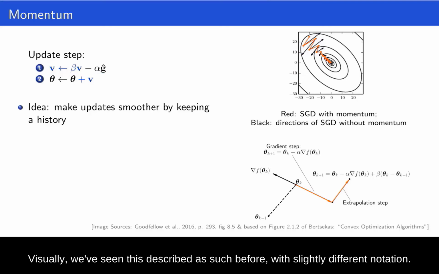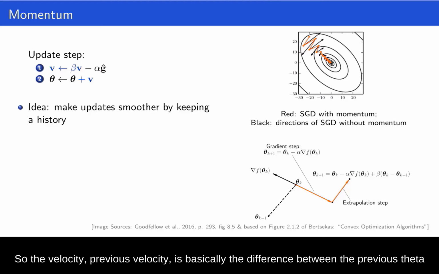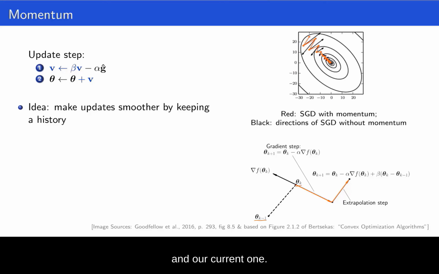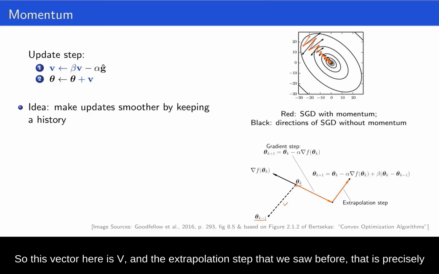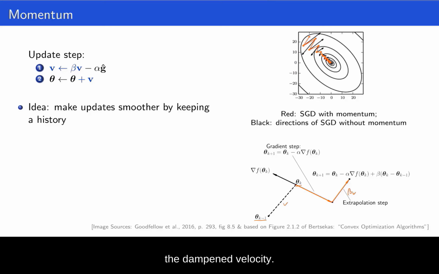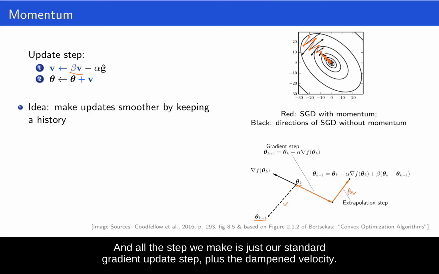Visually, we've seen this described before with slightly different notation. The previous velocity is basically the difference between the previous theta and our current one. So this vector here is v. And the extrapolation step that we saw before is precisely the dampened velocity, so this beta v here. And the step we make is just our standard gradient update step plus the dampened velocity.